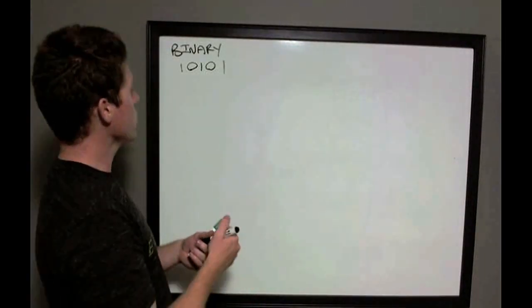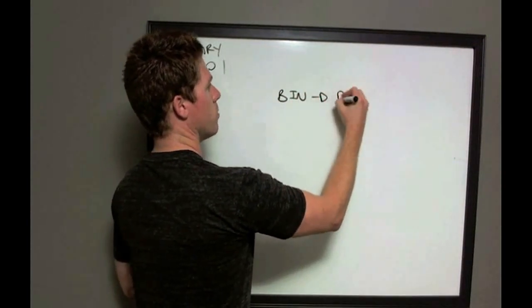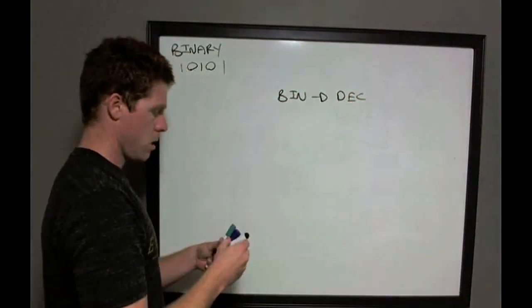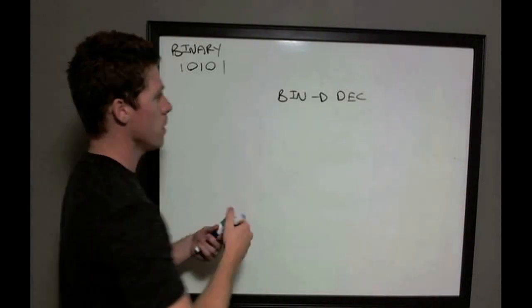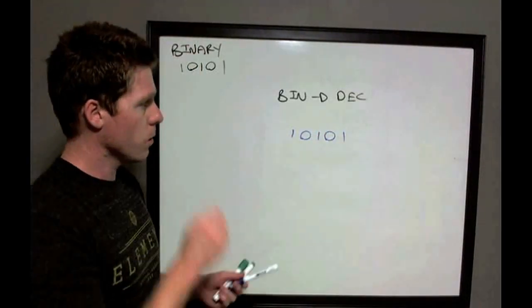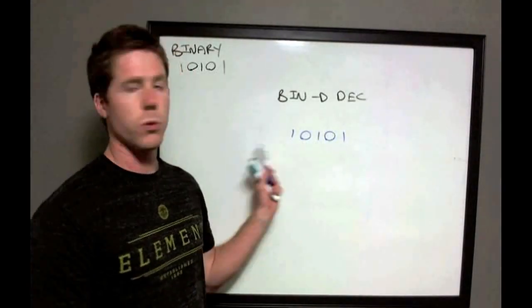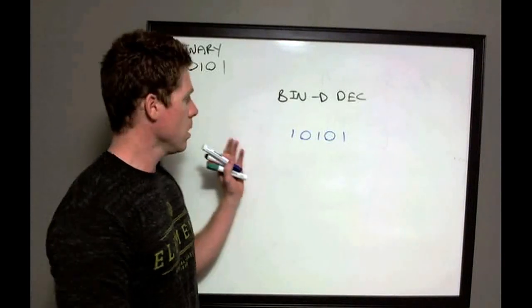Okay, so first let's do binary to decimal. So we're going to use this number, 10101. To convert it to decimal, you'll recall that we need to figure out the weighting of each one of these columns.